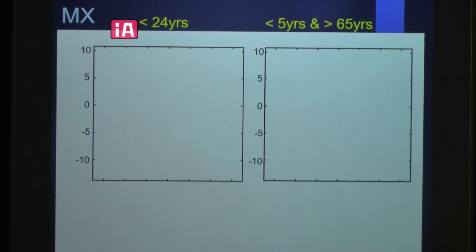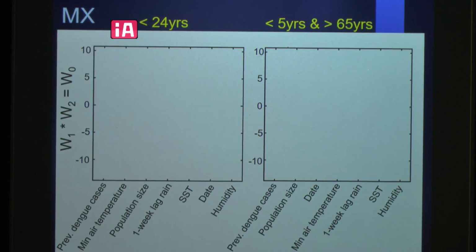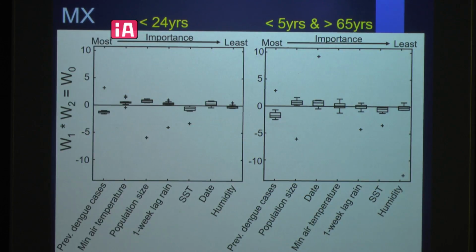Our y-axis is our W0, that influence of inputs on outputs. The x-axis has all of the input variables that I used. All of these variables are in order from the most influential to the least influential to predict dengue fever in this area. These are all the weights.